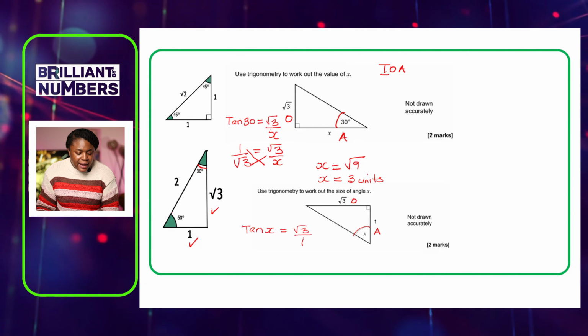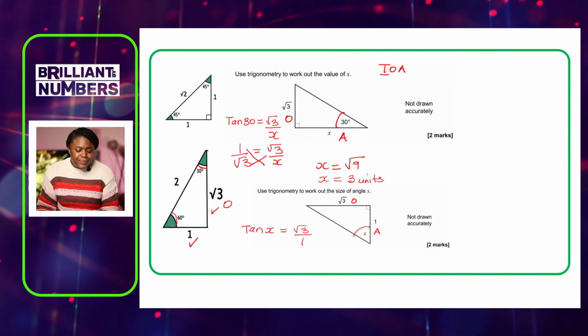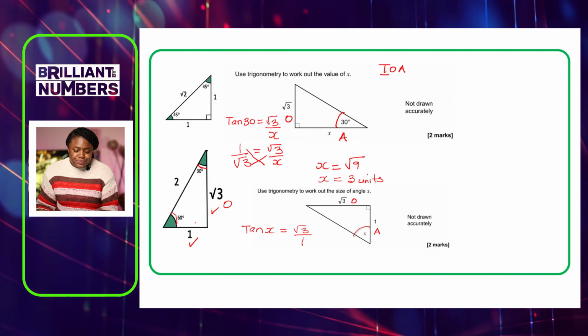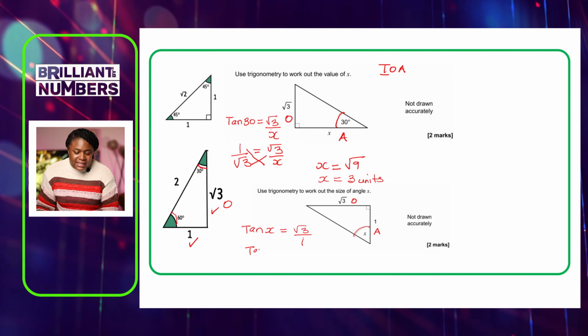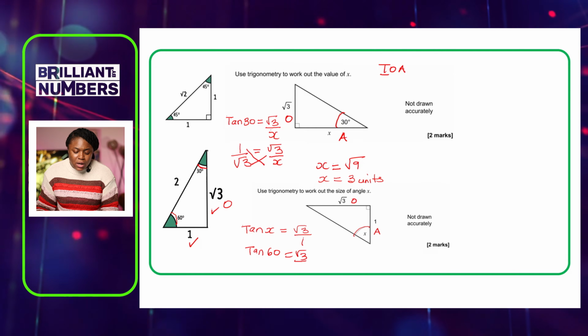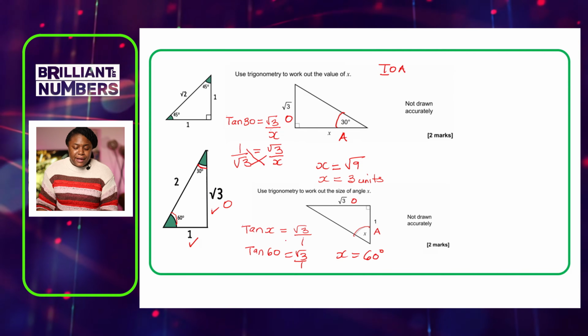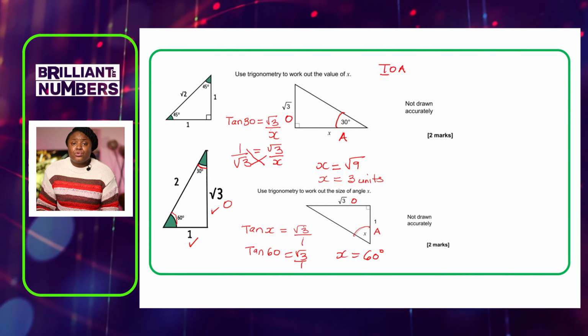So if I look here, I can see opposite to 60 degrees, this is my opposite side, and I've got over 1. So therefore, it is tan 60 degrees. That's equal to root 3 over 1. Therefore, x is equal to 60 degrees. So let's do that again. Tan x is equal to root 3 over 1.